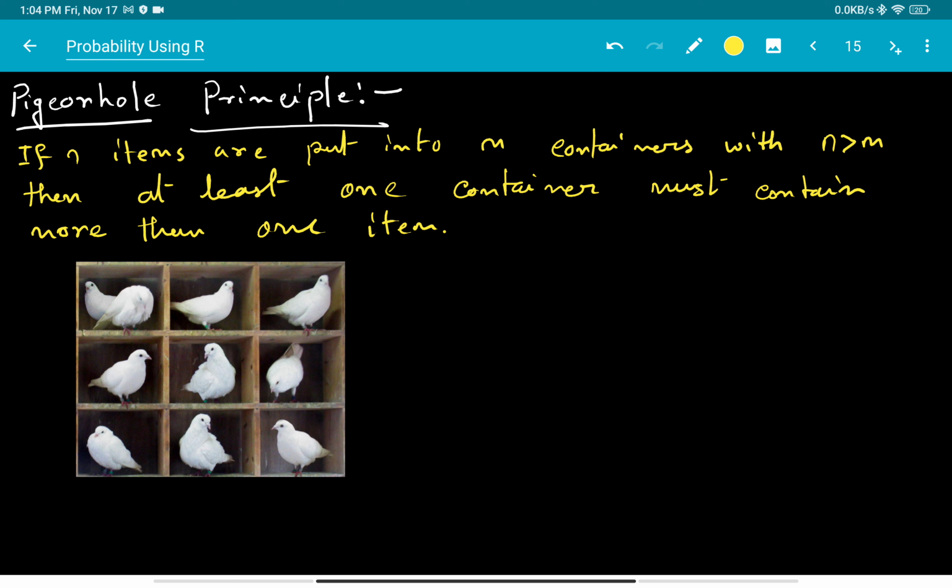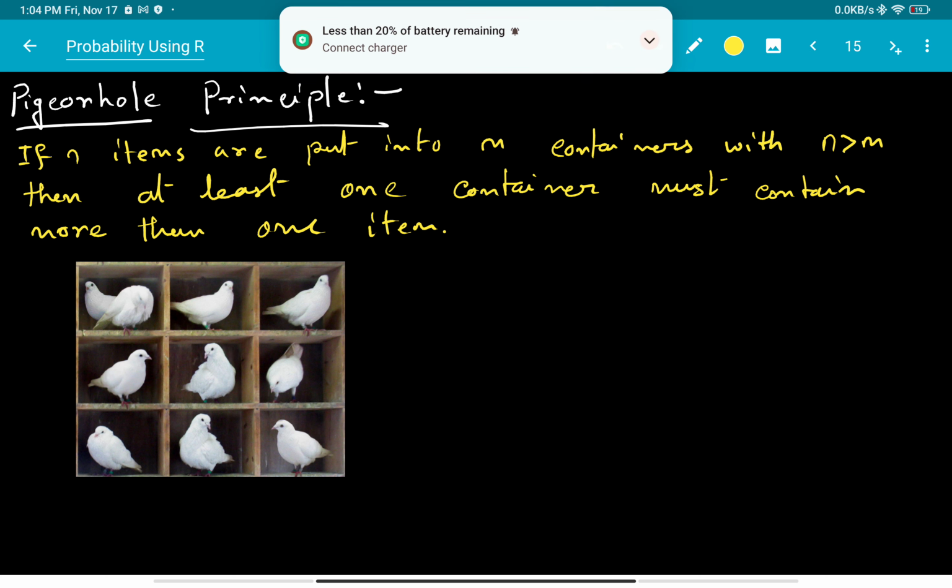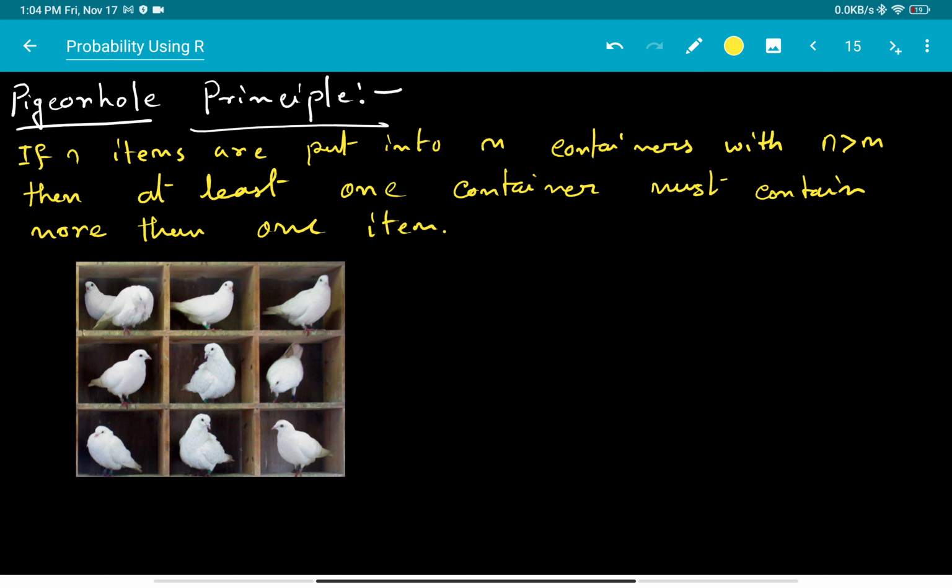So here n equals 10 pigeons in m equals 9 holes. 1 2 3 4 5 6 7 8 9, nine holes, and you see the 10 pigeons are there.